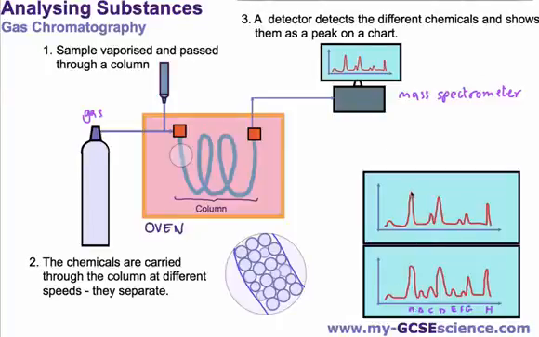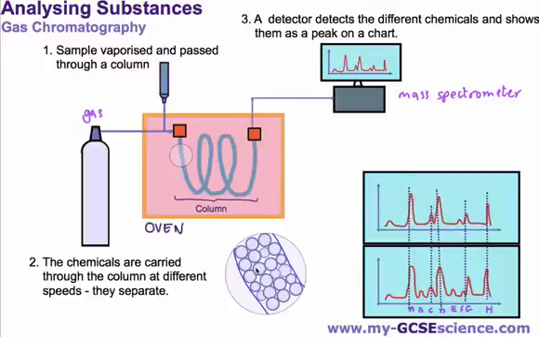For this one here, if I look at this peak on my sample and compare it to my known, that looks like it's substance A. I've not got any substance B. This one looks like it's C. I've got some D in there as well, and some G and some of this H. So what I've done is compare my readout to some known substances and the peaks they produce, and that can tell me what's in there.